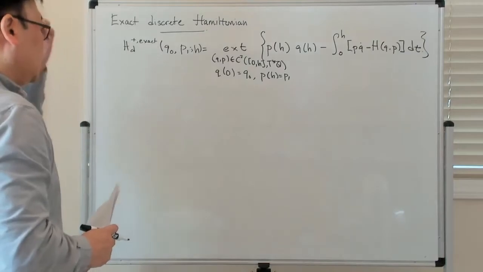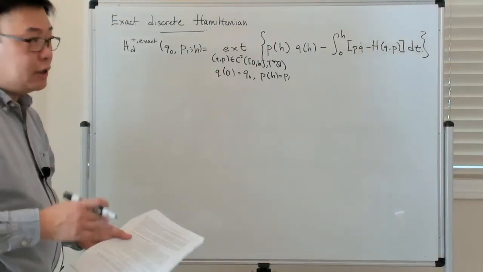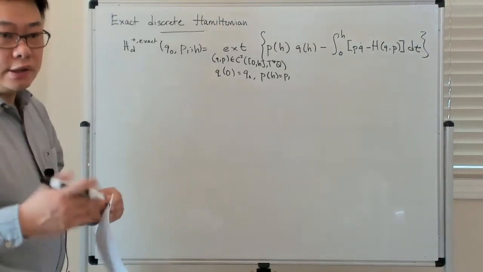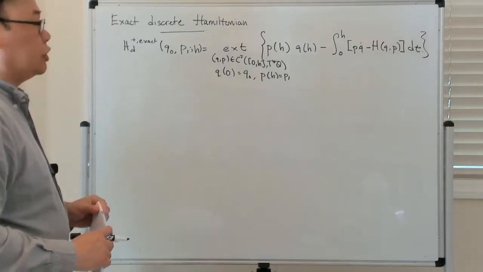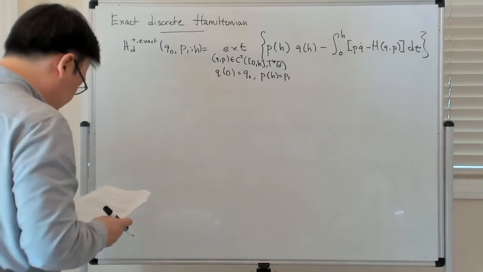So if you recall, like with the exact discrete Lagrangian, you could view this as a solution of a Hamilton-Jacobi equation, and there is an associated type 2 Hamilton-Jacobi equation to this, right?